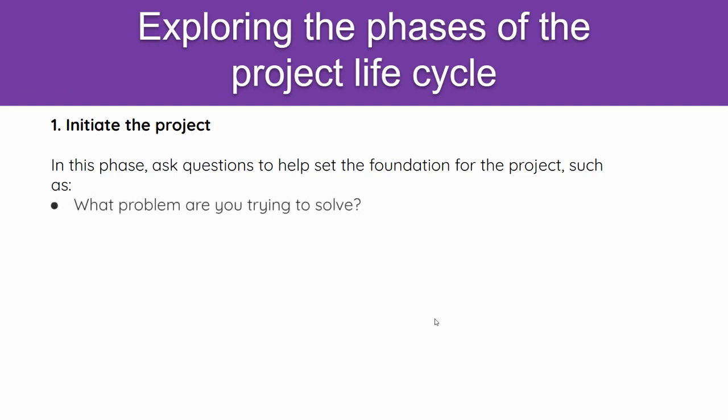So we ask ourselves, what problem are we trying to solve? This is very critical because every project is aimed to solve a specific problem. There could be a challenge that you are facing in your company or your organization that you want to solve, and there could be a problem in the system, there could be a problem in the community, or whatever your project seeks to address. There's a problem you're trying to solve.